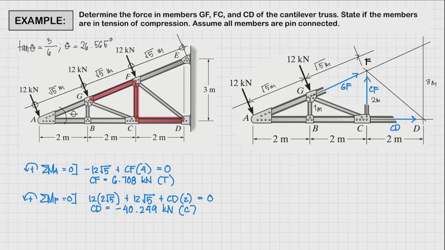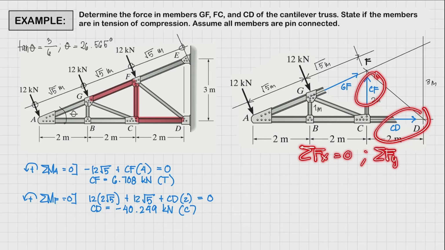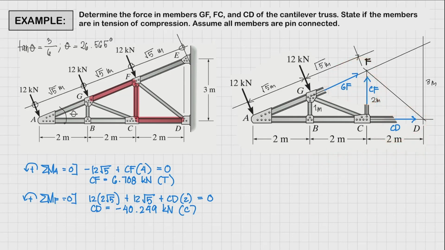Alright, next. We already know CF and we know CD. So what we could do is either do a summation of forces along the x-axis or a summation of forces along the y-axis. Either way, we will be able to solve for GF.